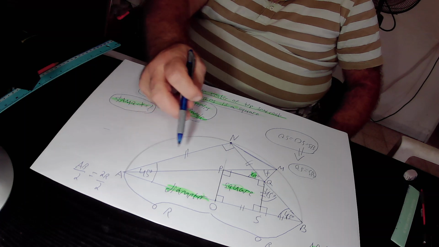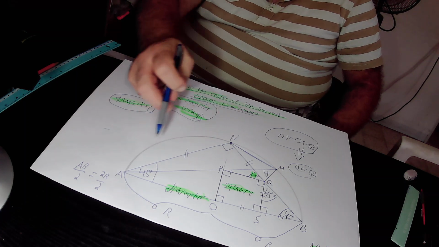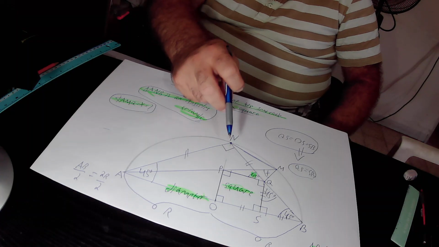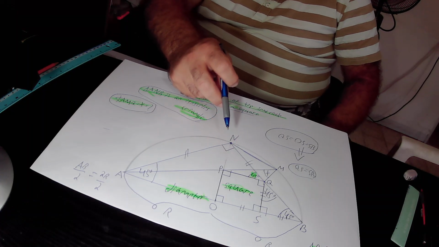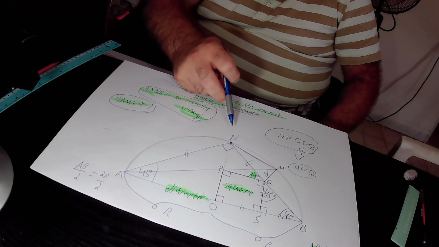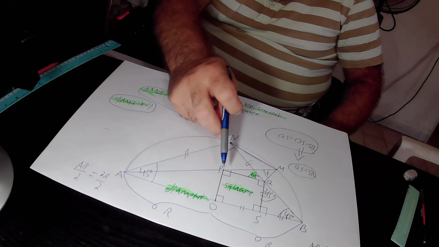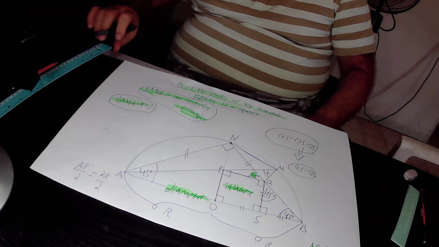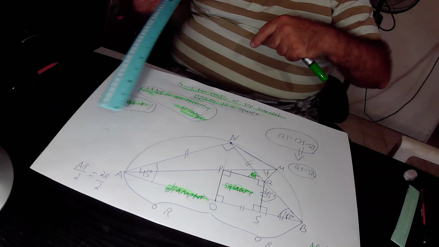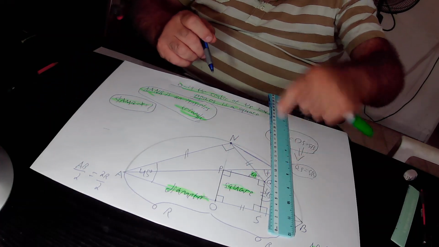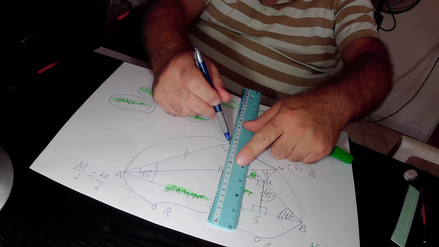The midpoint of AB is the midpoint of the diameter, because AB is the diameter. The midpoint of any diameter is at the center of the circle or the semicircle. So the midpoint of the diameter AB must be point O, that is the center of the semicircle. Therefore, the perpendicular from point N will touch AB at point O, the center of this semicircle, according to what is given in the question.